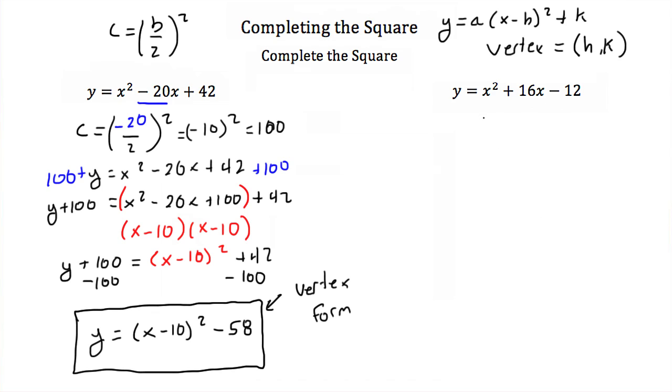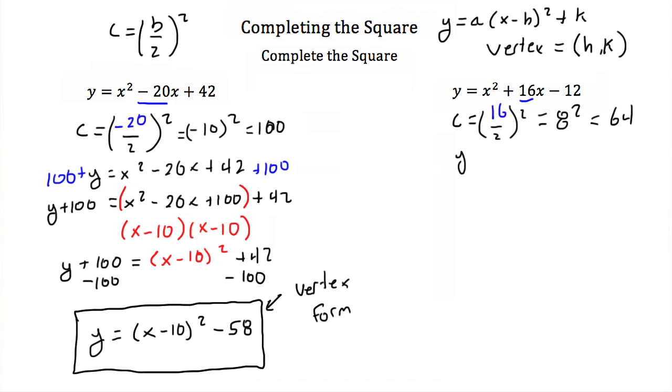So now let's try our next quadratic. Here we have y is equal to x squared plus 16x minus 12. Now again, this is not a perfect square trinomial, but we can make it that way by using our equation c is equal to (b over 2) squared. So our b is 16, which means we have (16 over 2) squared. 16 over 2 is equal to 8, so it would be 8 squared, and that's equal to 64.